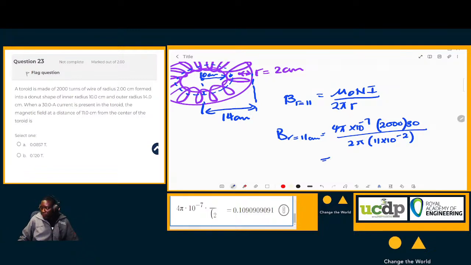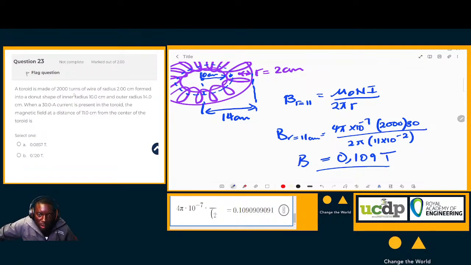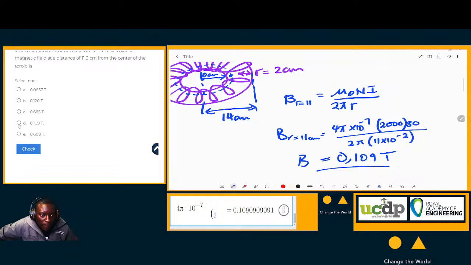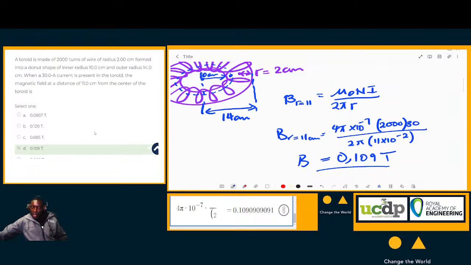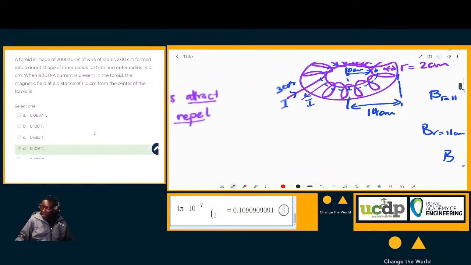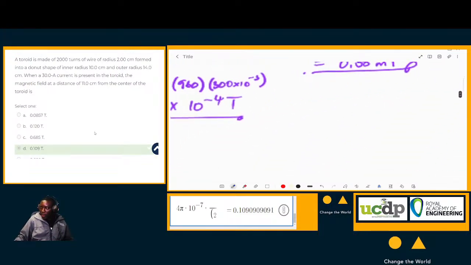So this is giving 0.109 Tesla. B at that point is 0.109 Tesla. And that's correct. So the identification of the correct formula there is also quite important.